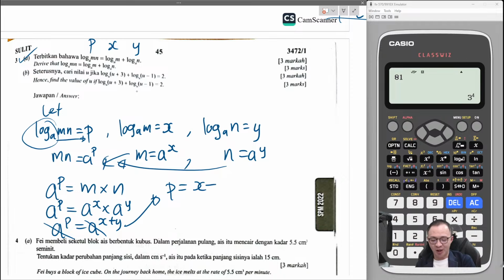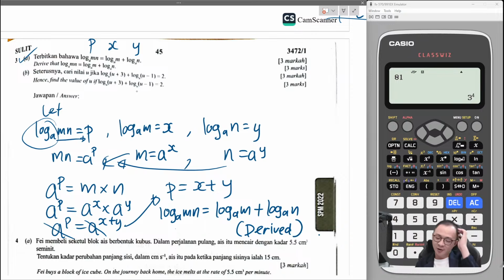P should equal X plus Y. What is my P again? My P is log A MN. What is my X? Log A M. What is my Y? Log A N. So already derived. Eventually I get P equals X plus Y. So I know this formula I can just use like this for 3 marks.